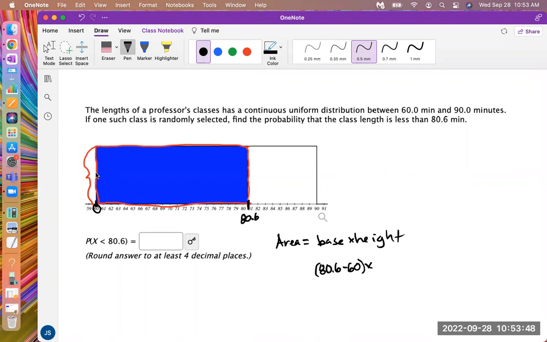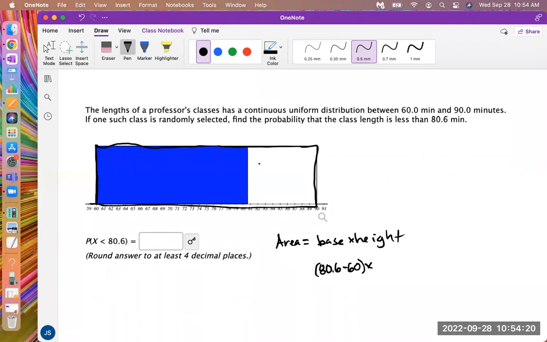To find the height of the rectangle, we have to think about the whole uniform distribution. So over the entire uniform distribution, the area of this big rectangle has to be one whole.